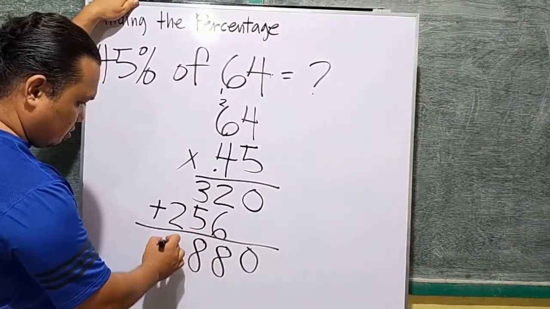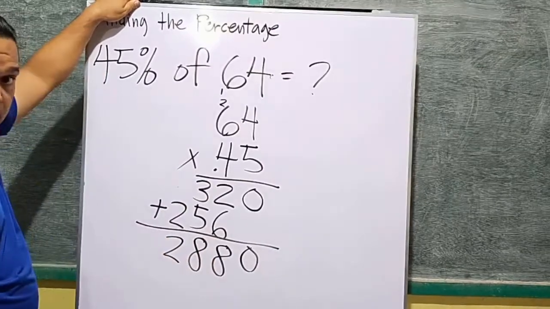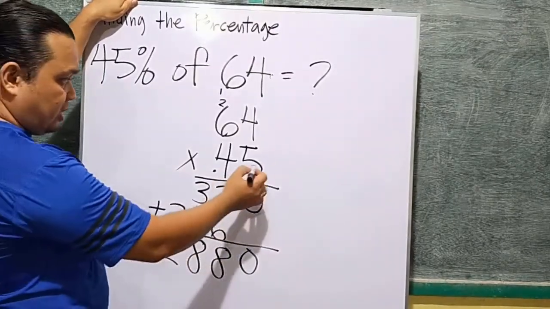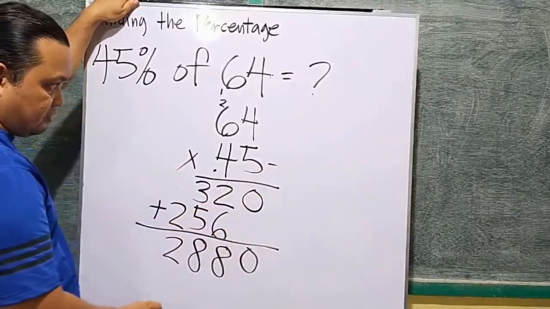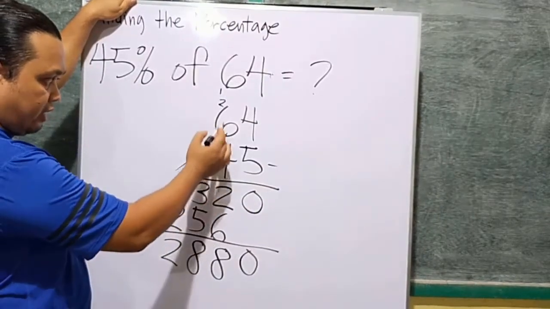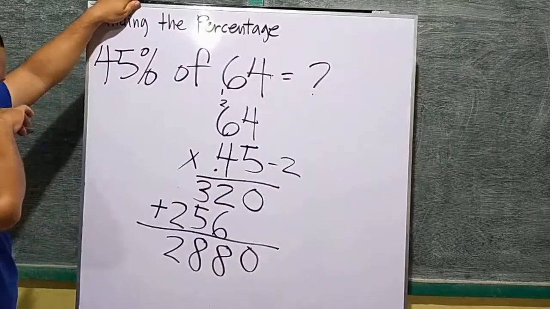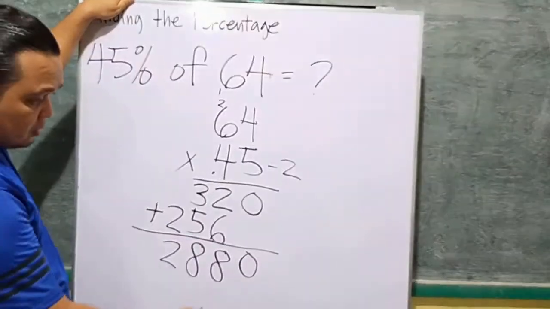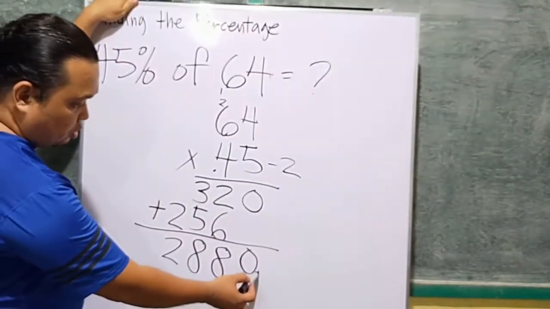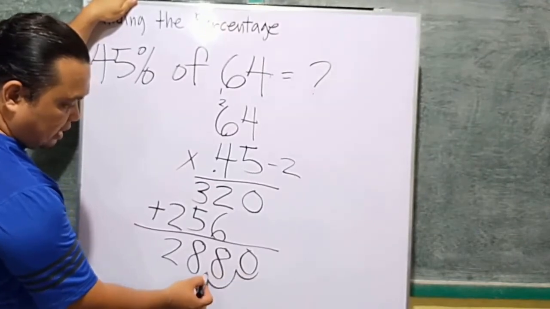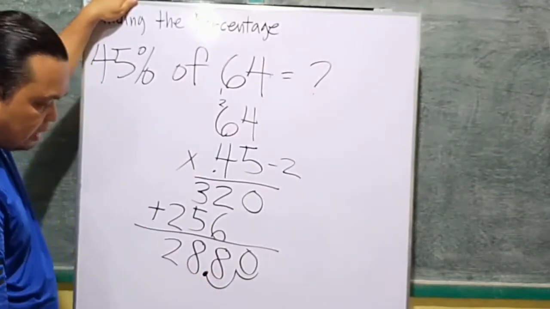And bring down 2. Now for our decimal point, it depends on how many digits after the decimal point our factors have. And that's 2. 1, 2. We have 2. So from here, 2 steps also to the left. And our decimal point is between 8 and 8.